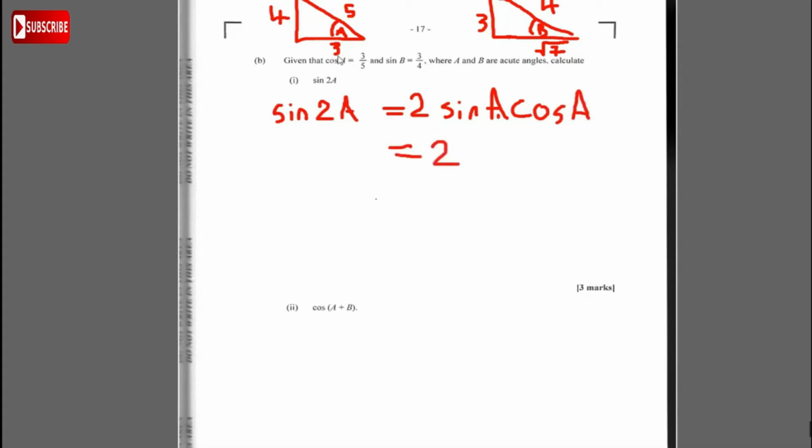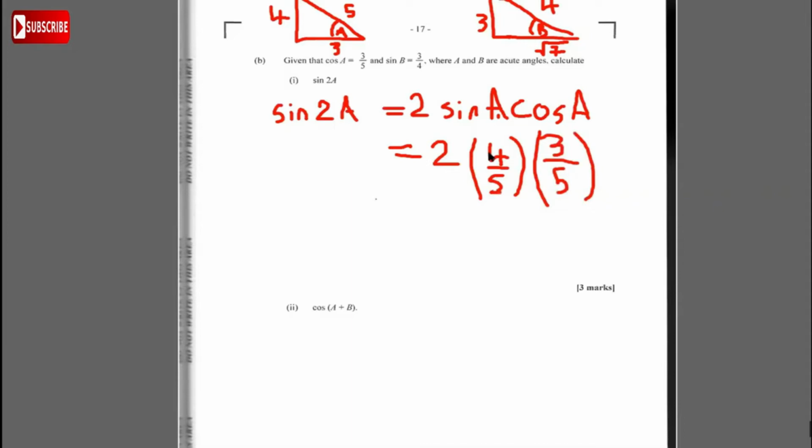Sine A would be opposite over hypotenuse, 4 over 5. So sine A is 4 over 5 times the cosine of A, and the cosine of A is 3 over 5. Nice and easy, soft. So you go ahead and you work these out now.